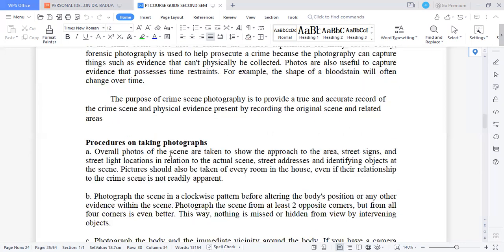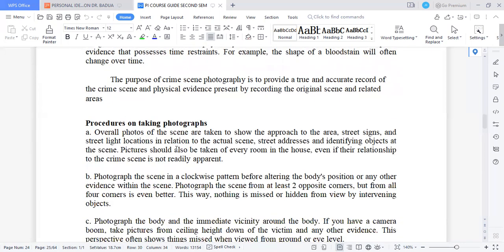So, procedures on taking photographs: you come up with the overall photos. Anyway, this is just a browse about forensic photography because you have taken this also, and there is a separate subject for this. You have to do it in a clockwise pattern in terms of crime scene photography.